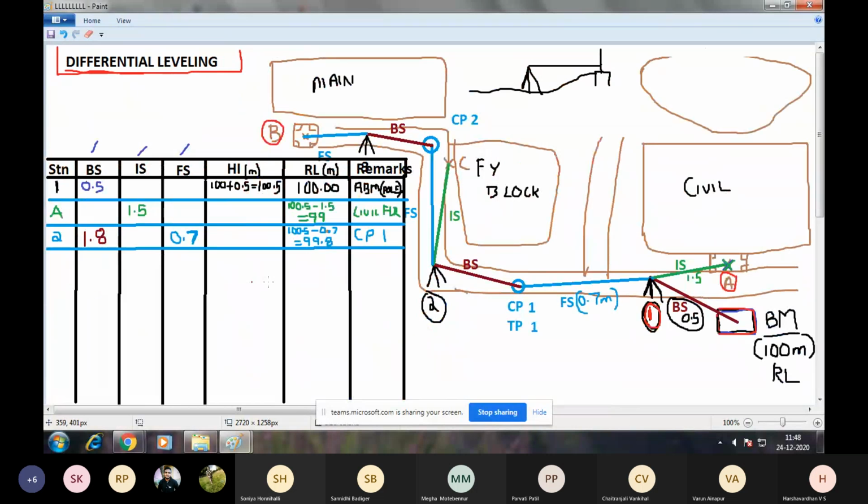So RL is 99.8 and backsight is 1.8. So my new height of instrument is 101.6. So this is my new height of instrument.